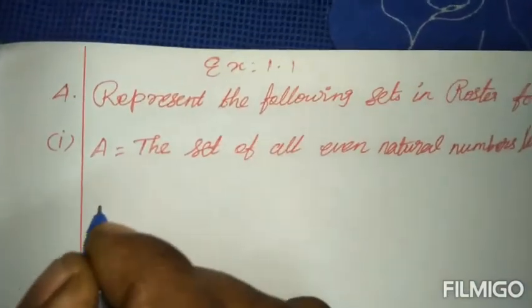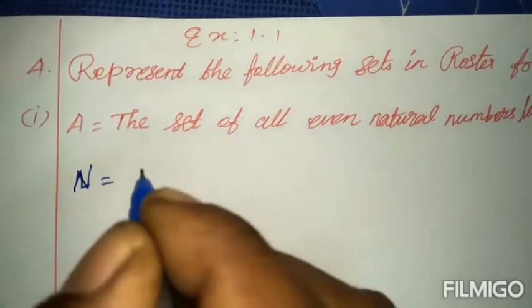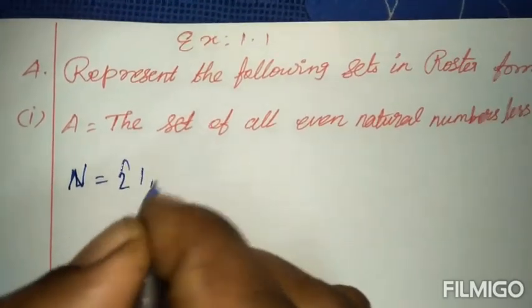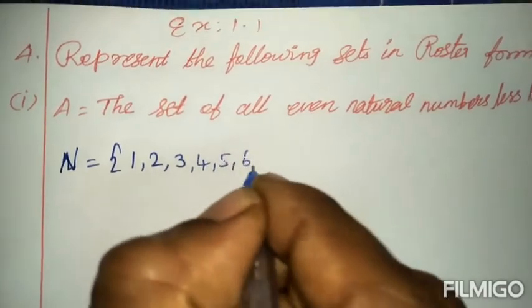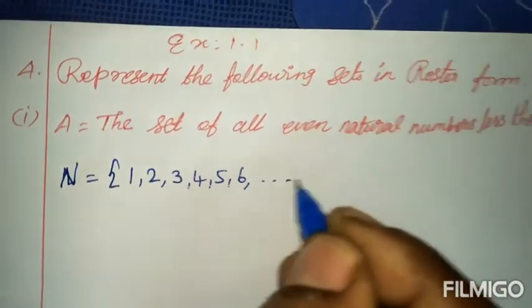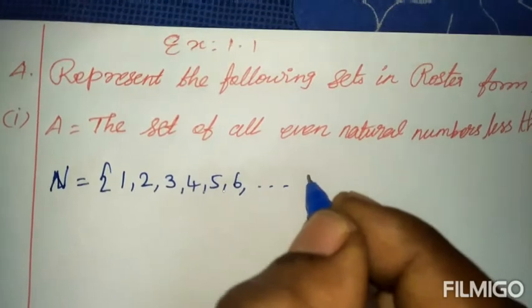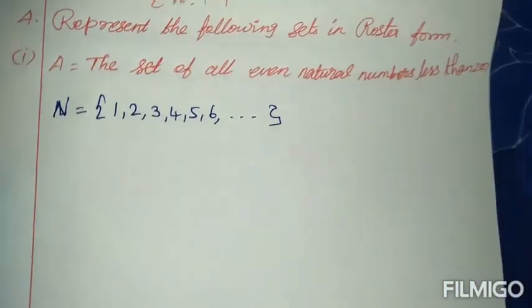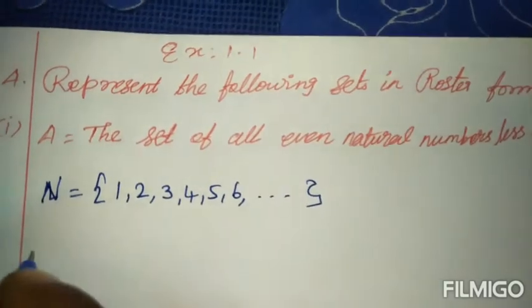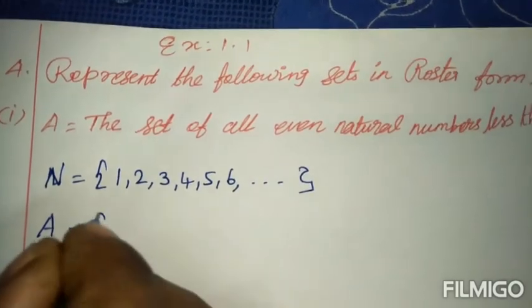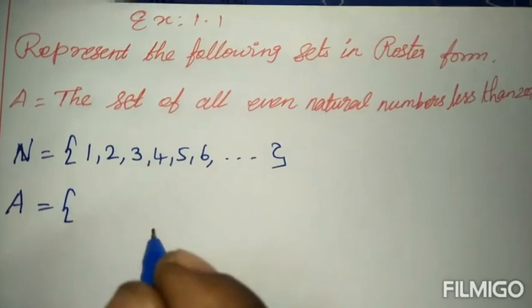I hope you know the natural numbers. N is equal to 1, 2, 3, 4, 5, 6, etc. There are many numbers up to infinity. There is no end of the natural numbers. So, here we have to write only the even numbers less than 20.